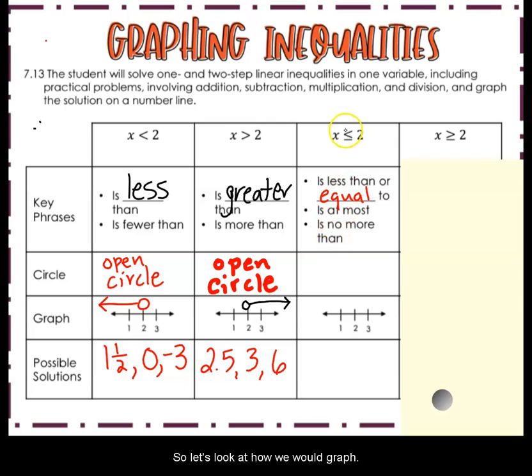So let's look at how we would graph it. If we're looking for numbers that are less than or equal to 2, on our graph, the number could be 2, so I'm going to fill this in, or anything less than that. So for this one, we're going to use a closed circle.